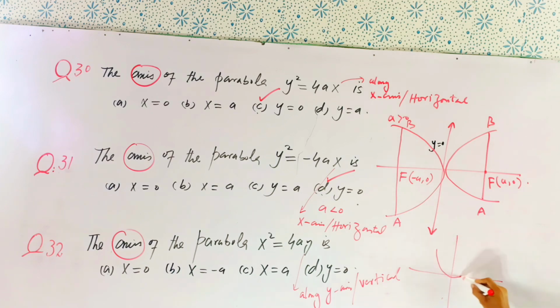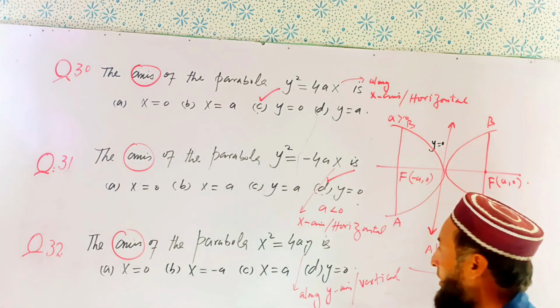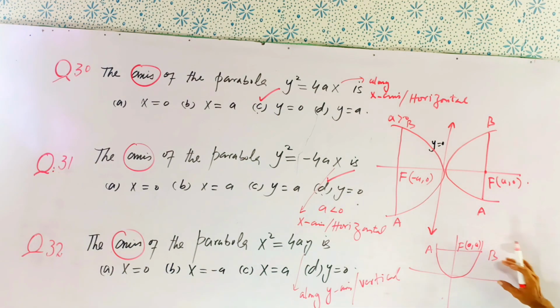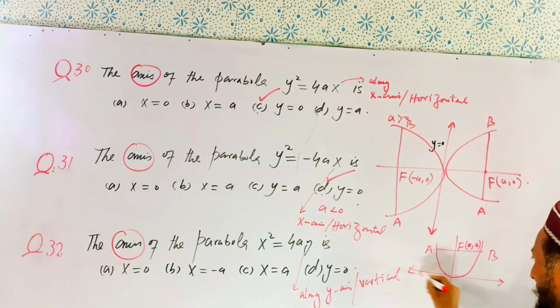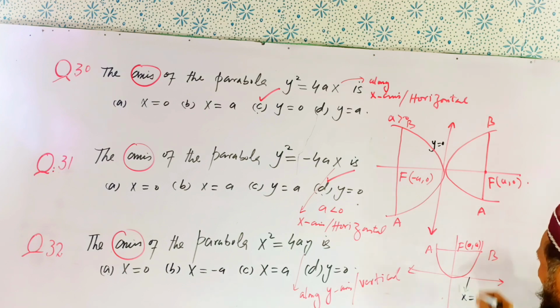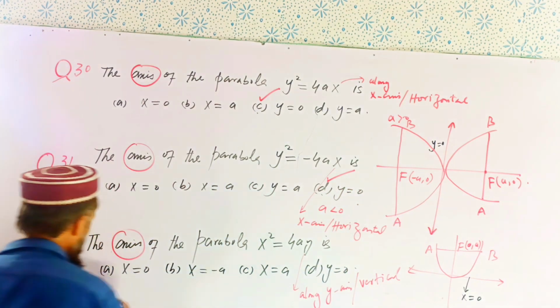If we make a vertical parabola, here A and B, and the focus is here, x is equal to 0 and y is positive. Now, making along the y-axis means that we put x is equal to 0. This line, x is equal to 0. The parabola is making along the y-axis, so we put this line, x is equal to 0.